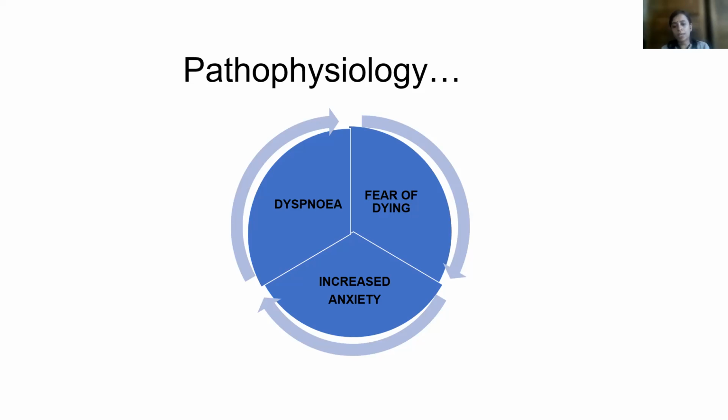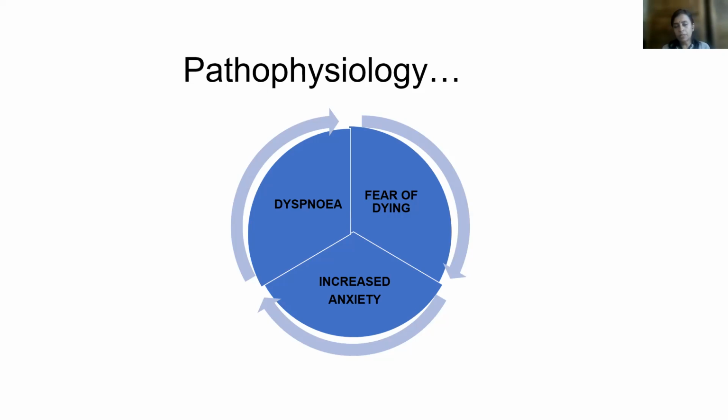So when they are scared or there is a fear of dying, it increases the anxiety. When there is increased anxiety, there is more and more breathlessness. You might have experienced when you get to the entrance of the exam hall, you will be very anxious. Then the breath rate increases. There will be a change in the breathing pattern because anxiety causes breathlessness.